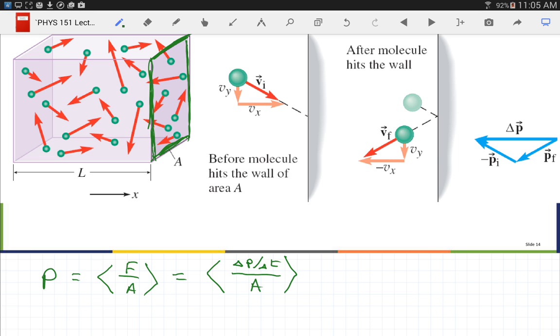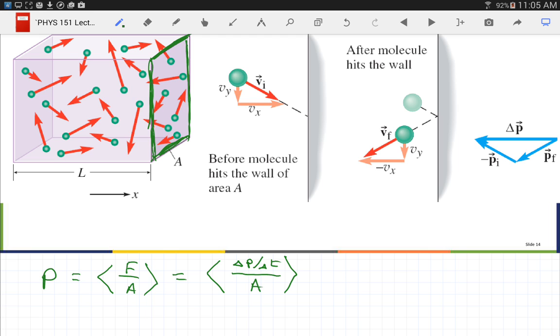Now I have to make one correction right now before I forget. I said the pressure is the average force per area, and I said force is change in momentum over change in time. But I have more than one molecule in that box.